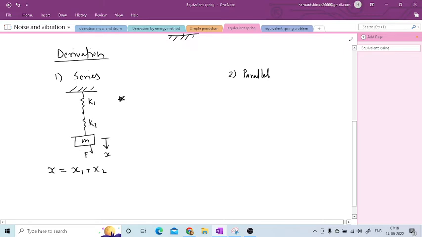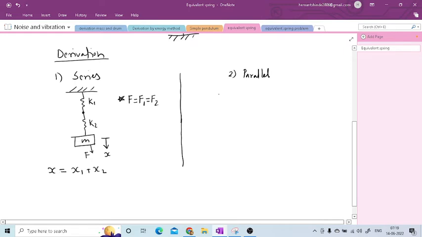So if I apply the force F on this system for the displacement x, then the force acting throughout this system is same. So the force F will be equal to the force in spring 1, equal to the force in spring 2. Okay, so this is for the series combination, and this one is very important, that the addition of the two deflections will be equal to the total deflection.